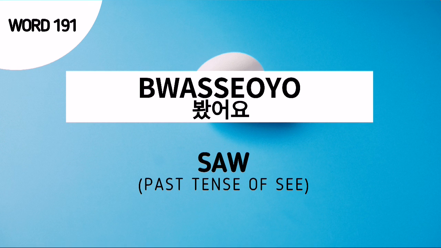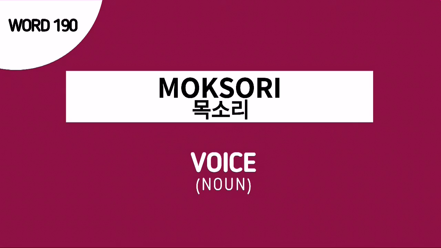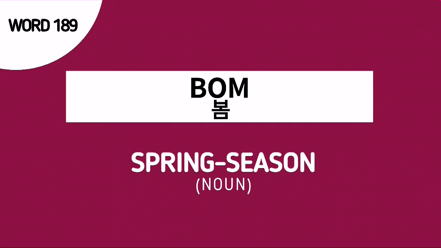Word number 191 is 봤어요, which means saw, or the past tense of the action of seeing. Word number 190 is 목소리, and this is the Korean noun for voice. Word number 189 is 봄, and this is the Korean noun for spring season.